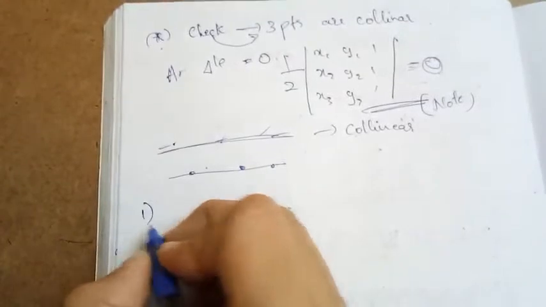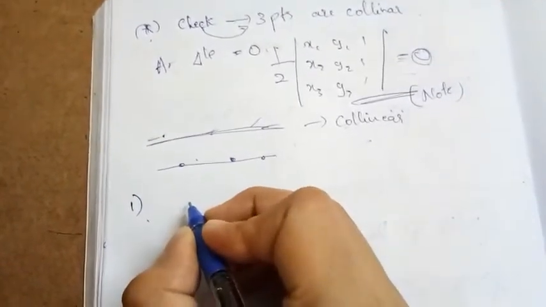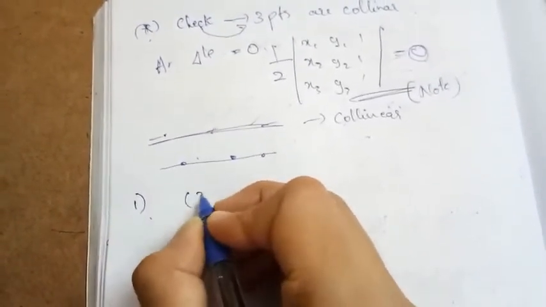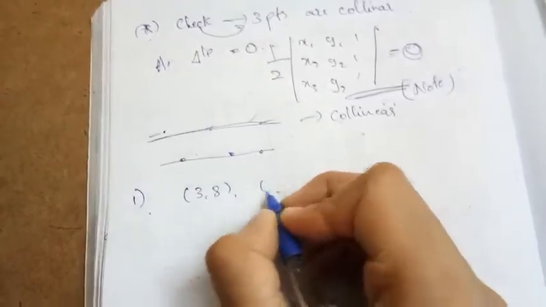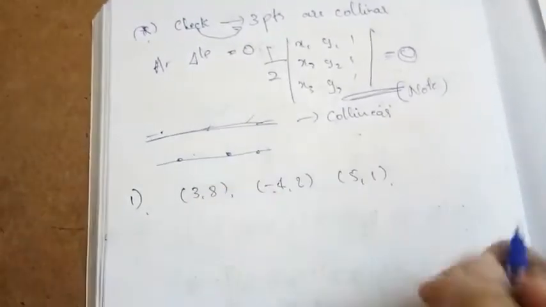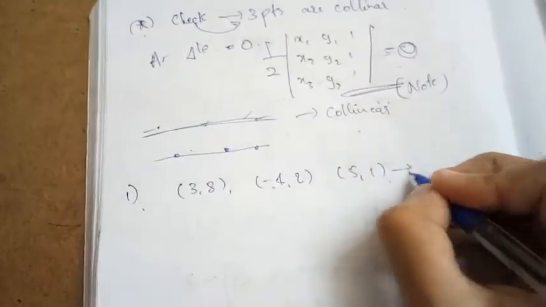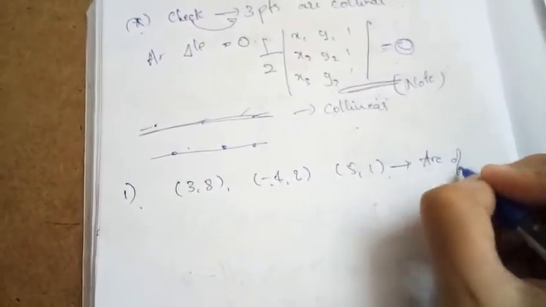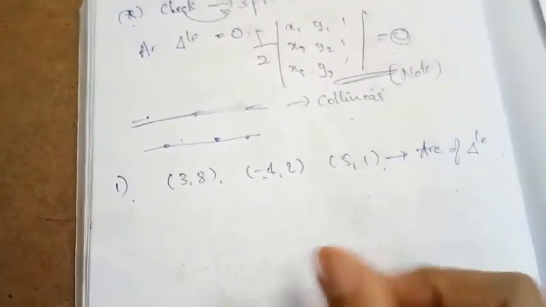So first one, suppose they have given you the 3 points 3, 8, minus 4, 2 and 5, 1. These are the 3 points, and they have asked us to find the area of the triangle. So this is the question.